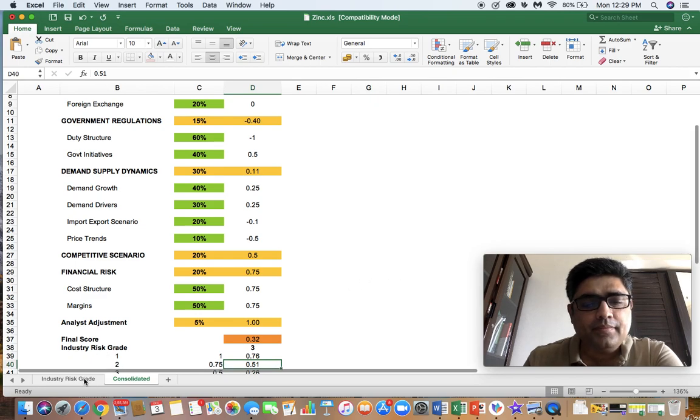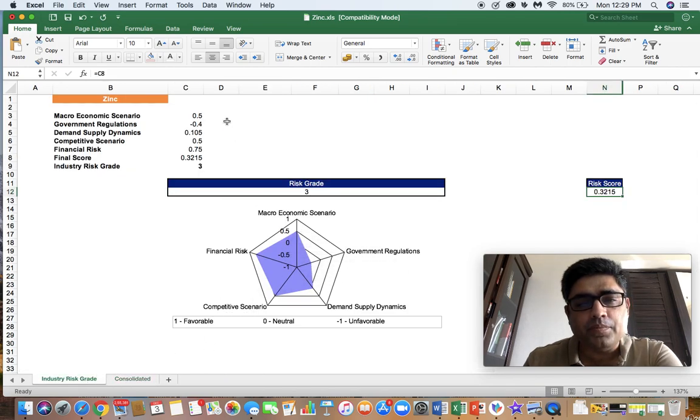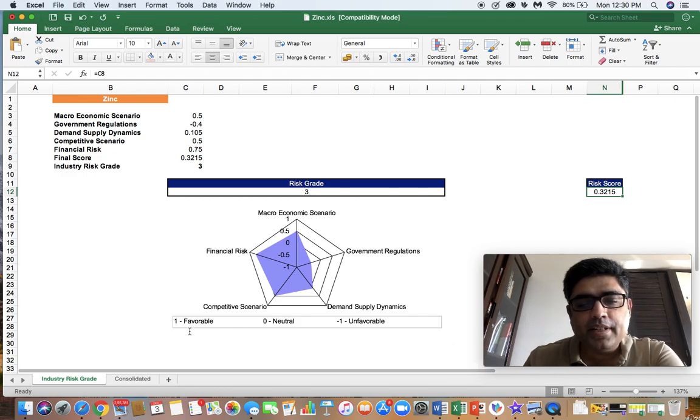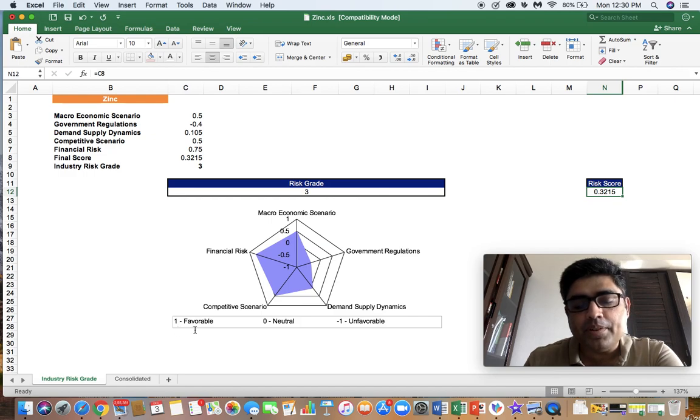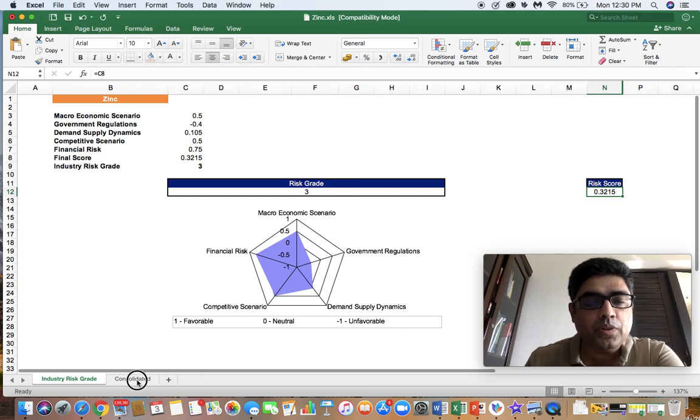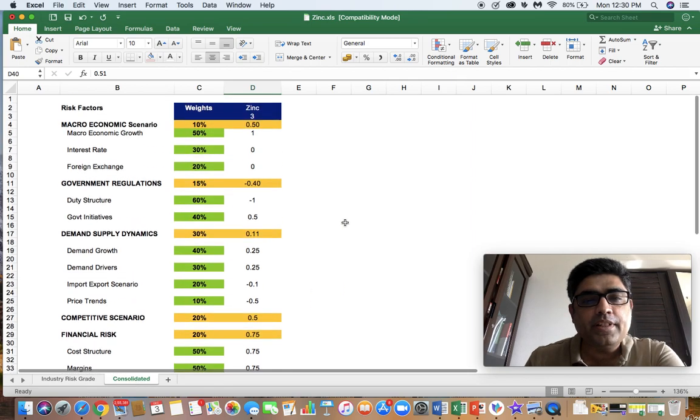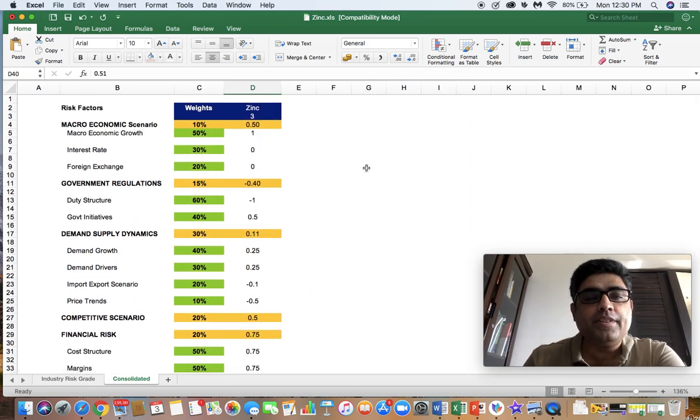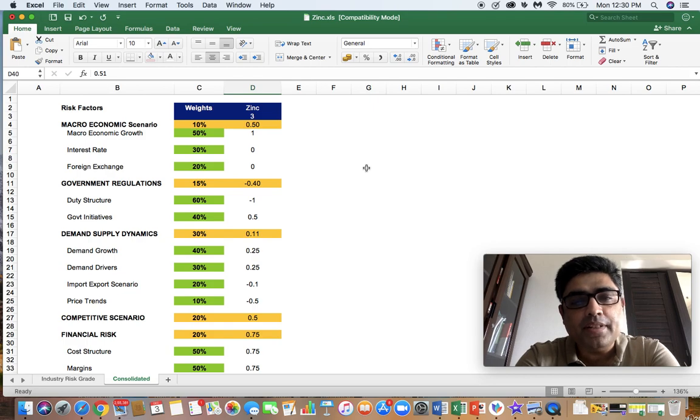So whatever we are trying to analyze over here is placed across in the form of a spider chart, as we all know. We are taking 1 as the most favorable figure, 0 stands for neutral, and -1 is unfavorable. So that's the range in which we are working. We have assigned different figures to different subheads, right?